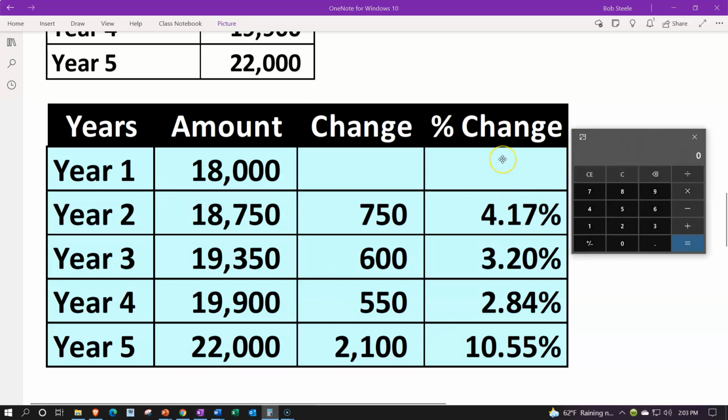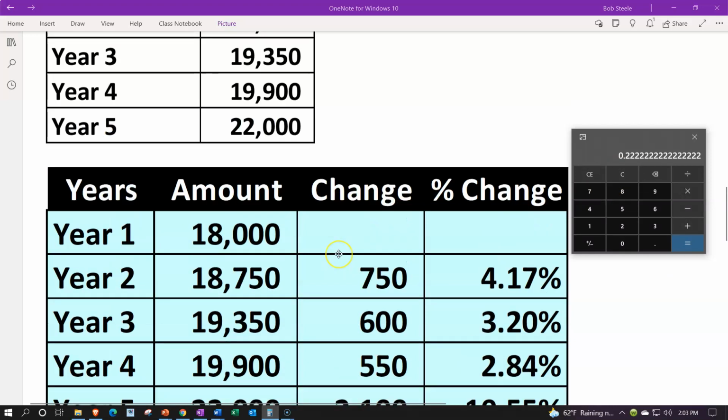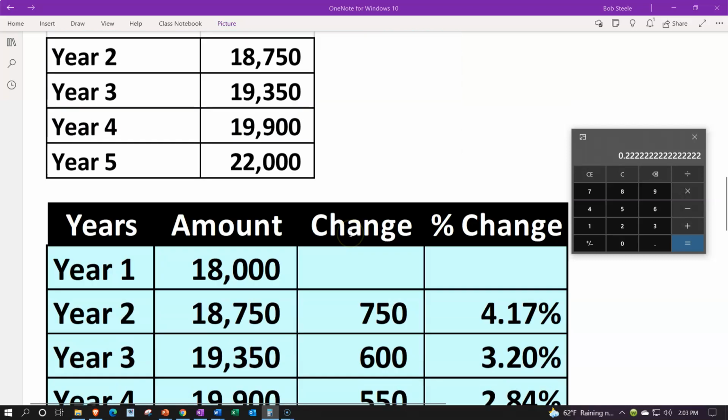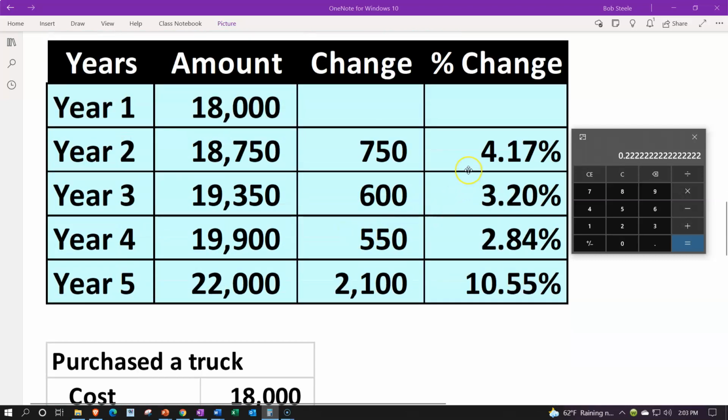Or in other words, if I was to take our prior calculation, the 22,000 minus the 18,000 over the 5-year time period, we had a $4,000 change, you'll recall, divided by the 18,000. So over the 5 years, we had about 22.22% that we calculated up top. And then we could see basically the detail of what happened on a year-by-year basis.